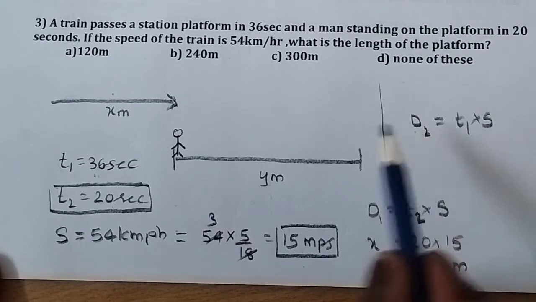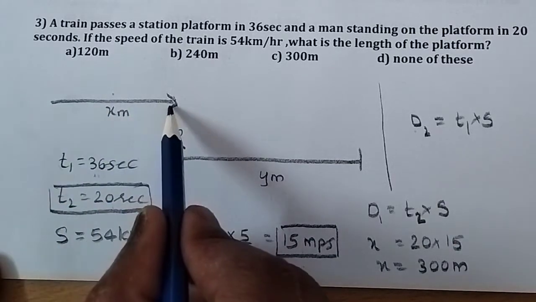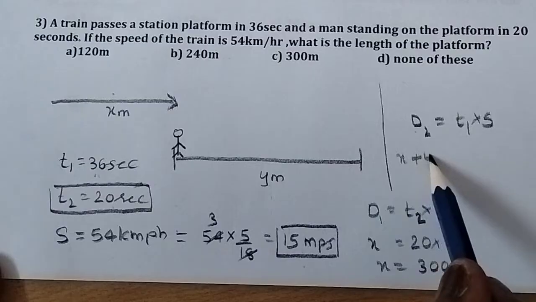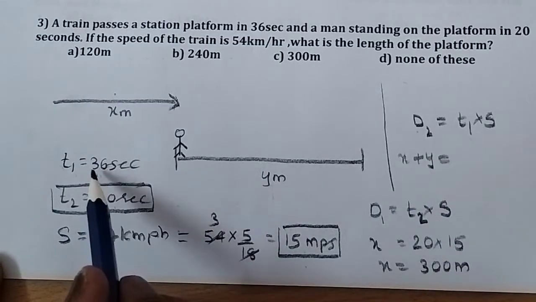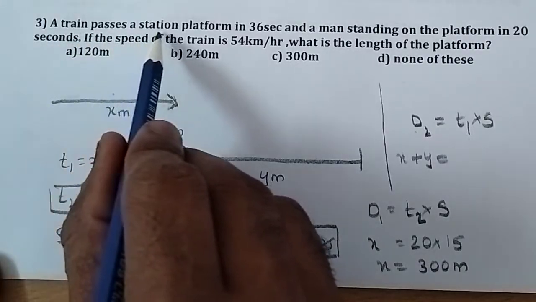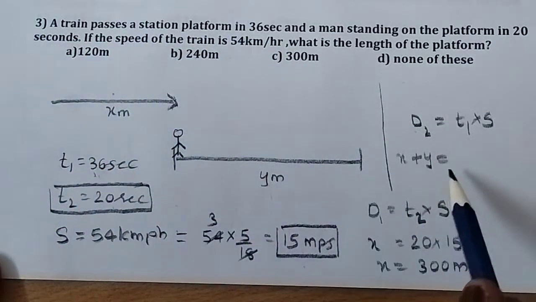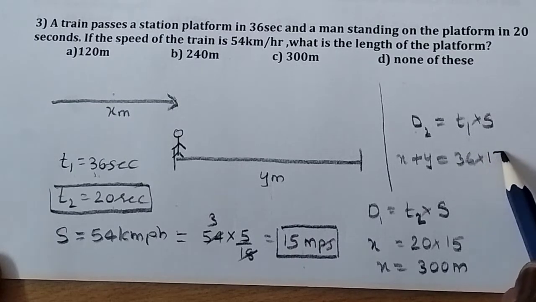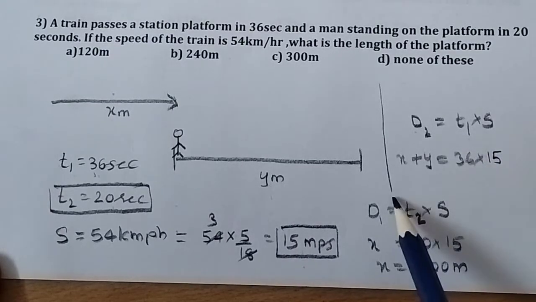Now here d2 is the total length of the train plus the total length of the platform, that is x plus y. And the time is 36 seconds, because it is given that the train passes the station platform in 36 seconds. So 36 seconds, and the speed is 15 meters per second.